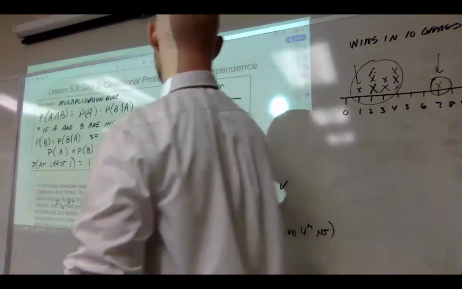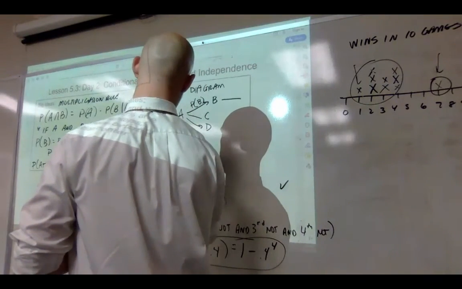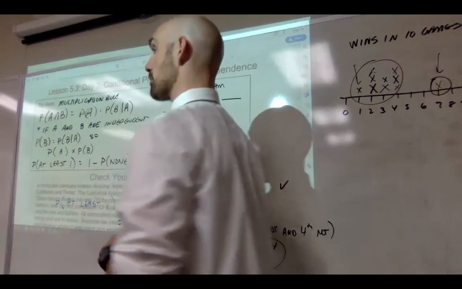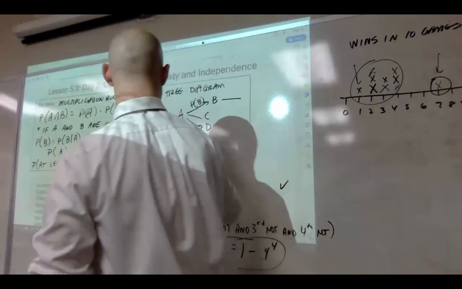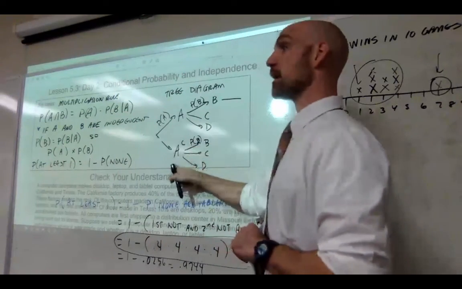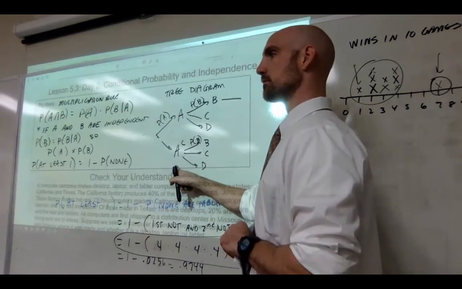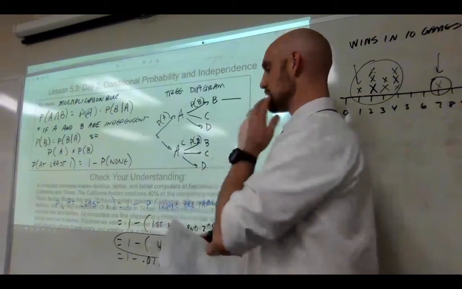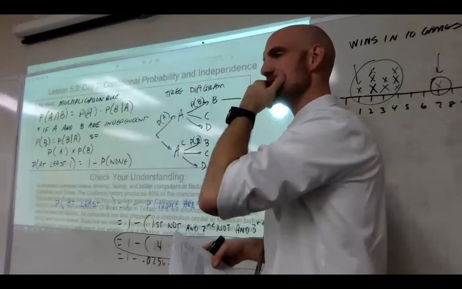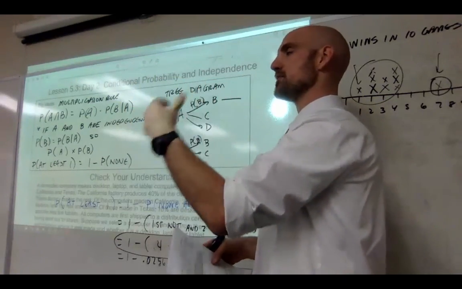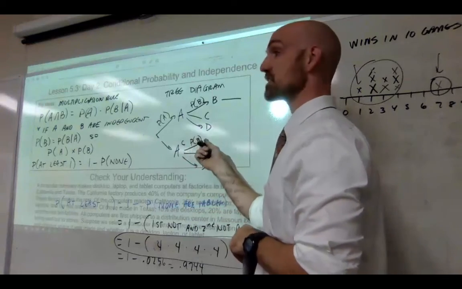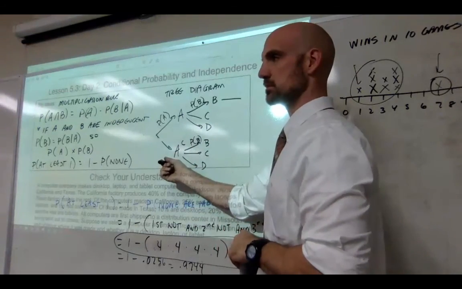So here's the tricky part. Let's say this leads to B, C, D. This is the laptop problem, right? This would then be the probability of B, but it's the probability given that A complement happened. So it's the probability of B, but given that A happened, meaning the probability that you got a desktop given that it was from Texas.